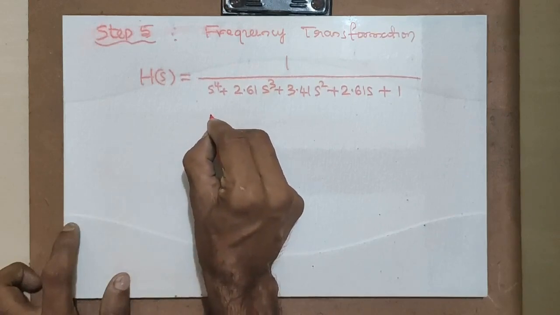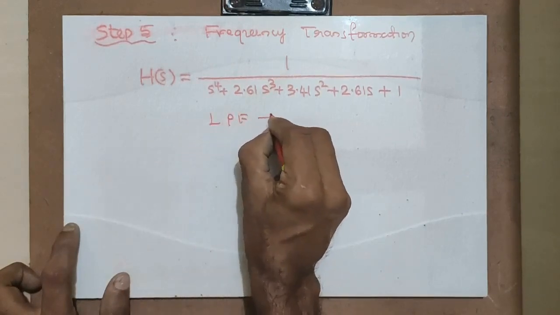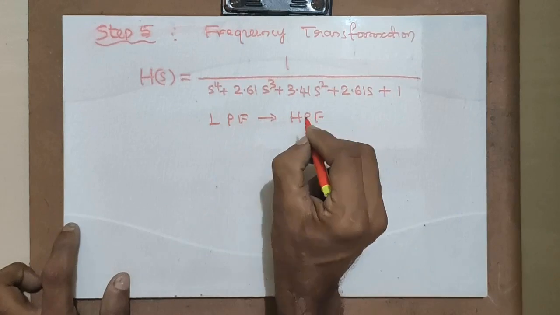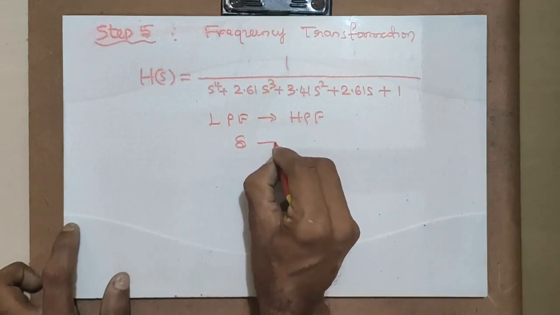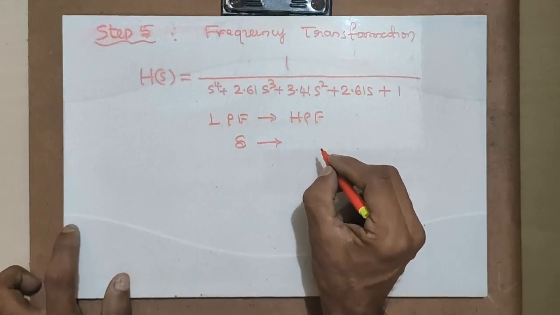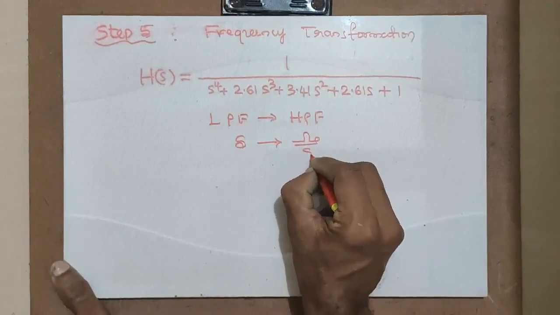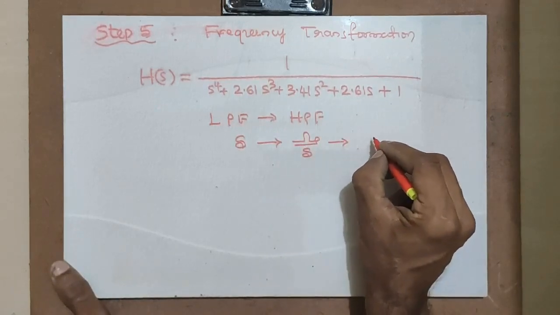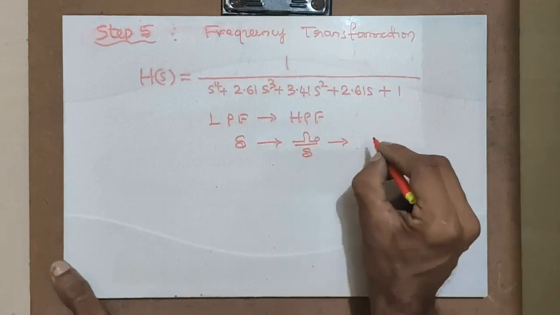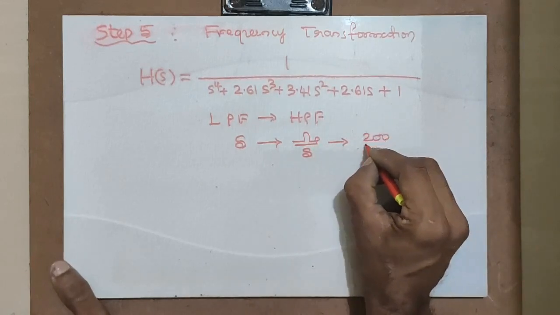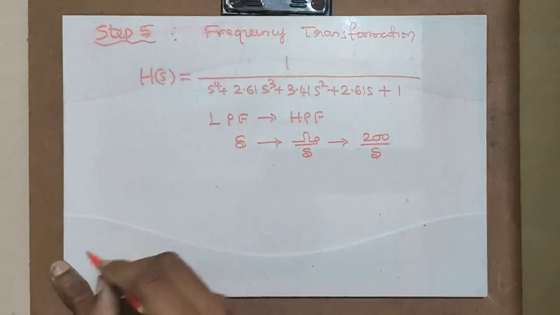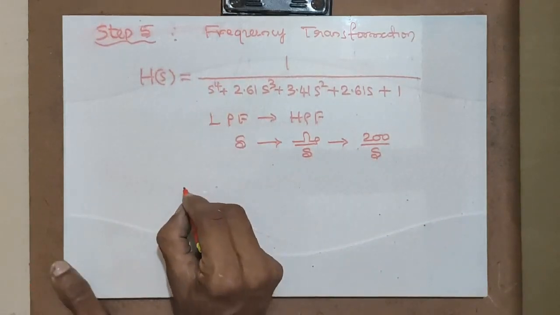Now what is the transformation you have to do? Low pass filter to high pass filter transformation. That means instead of S, you will be substituting omega C by S or omega P by S, critical frequency or passband edge frequency divided by S. Passband frequency is 200, so 200 divided by S you have to substitute here.